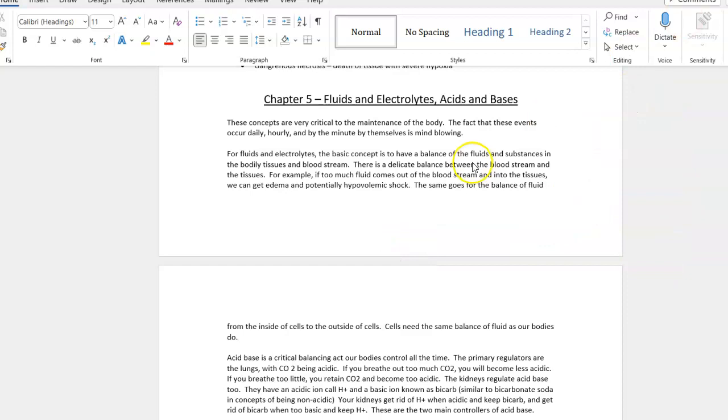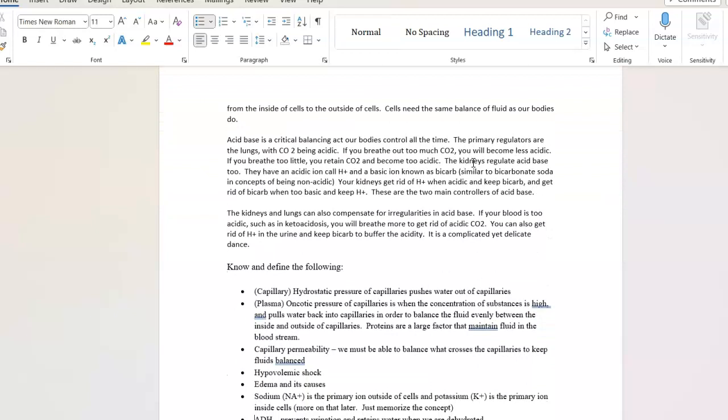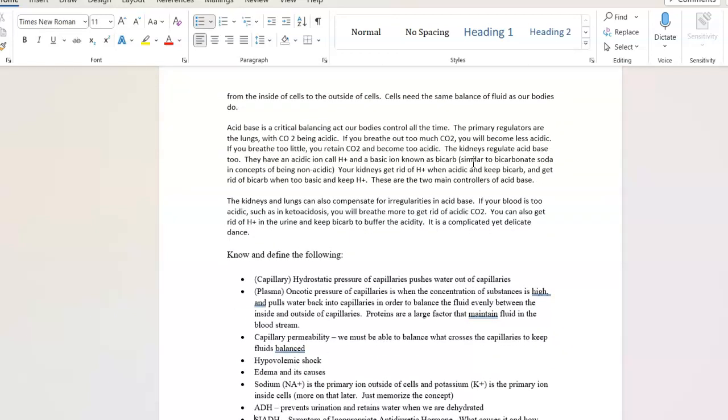Okay. All right, and then we've got to balance the fluid inside and outside of the cells. As the base, it's so important.